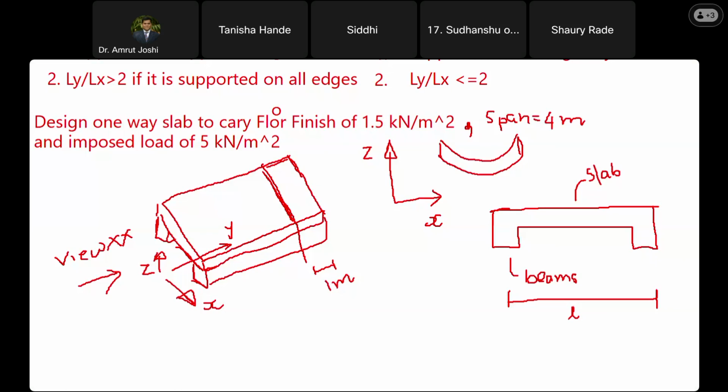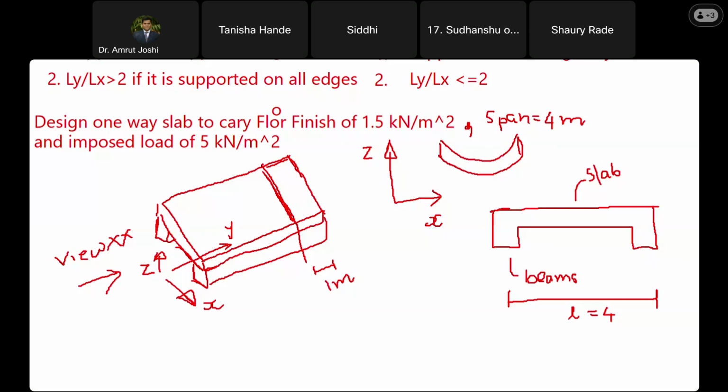Yes, sir. So let me say that this span is 4 meter. Now perpendicular to this XY plane, along the Z direction, I will consider that this slab has a width of 1000 mm. Are you with me? Yes, sir. And I will design the steel required in the 1000 mm. The same steel will be repeated in the next 1000 mm. Happy?